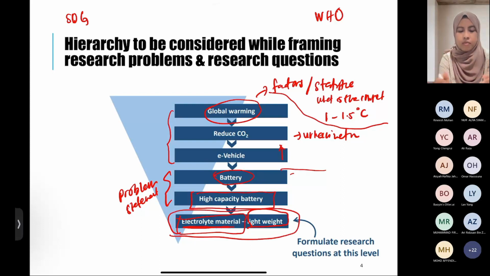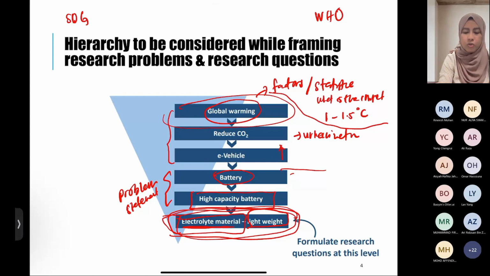Your research for this particular project is actually designing or selecting the best electrolyte material for the high capacity battery to be used in e-vehicle in order to address the issue of global warming. You see, you are not tackling global warming per se, your issue is here. This is your research.